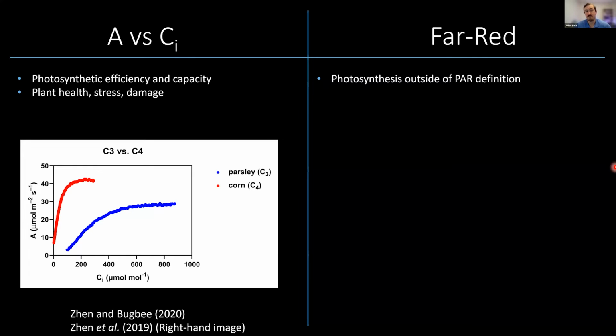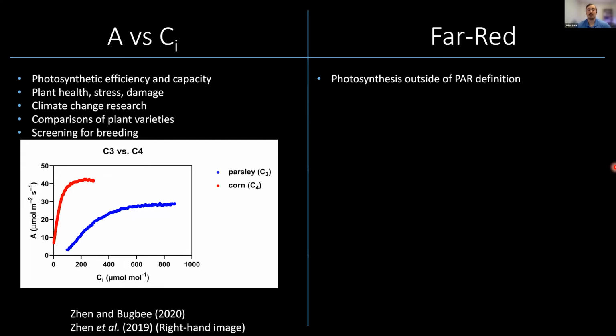We'll talk a little bit more about that, but A versus CI generally is a way to investigate the plant's health, any stressors that might be impacting the photosynthetic ability of these plants, as well as damage to the plants. It's an important thing to look at for climate change research as CO2 continues becoming more abundant in our atmosphere. We want to understand how plants are going to respond and how productive they'll be in the context of various climate scenarios. We also may want to compare different plant varieties to look for differences between different types of plants.